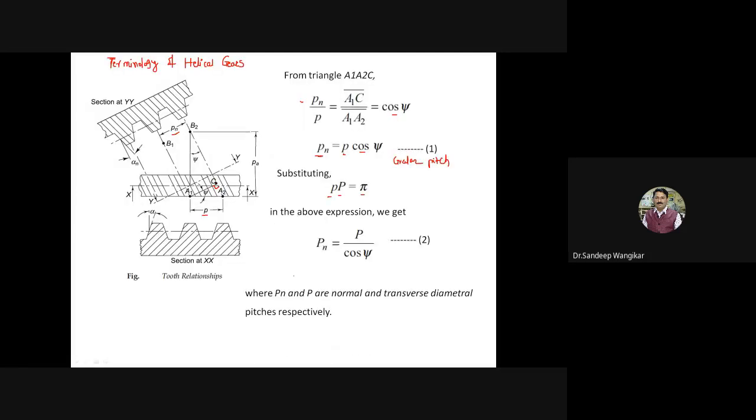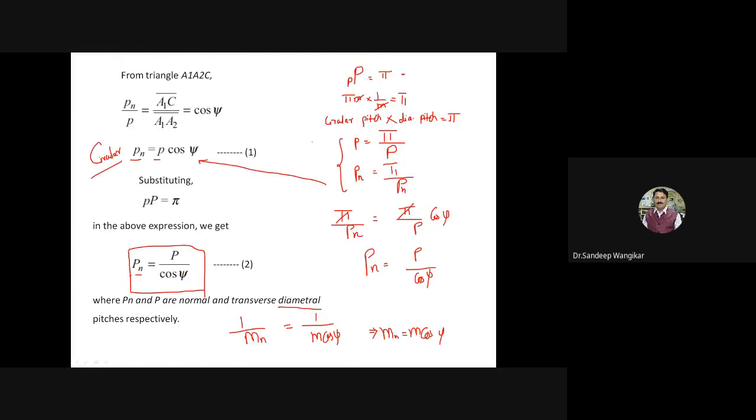Then terminology. From the figure we are getting a relation between the circular pitches Pn and P. We have converted this circular pitch into diametral pitch: Pn is equal to P divided by cos of psi.